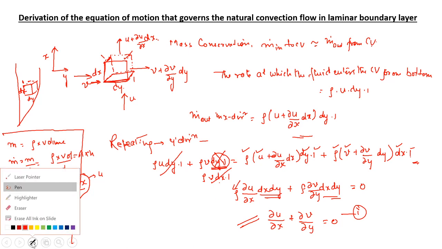Next step is to find the momentum equation. So I'm writing the momentum equation. The momentum equation is nothing but Newton's second law of motion. Considering force in the x direction, it should be equal to elemental mass into acceleration in the x direction, right?